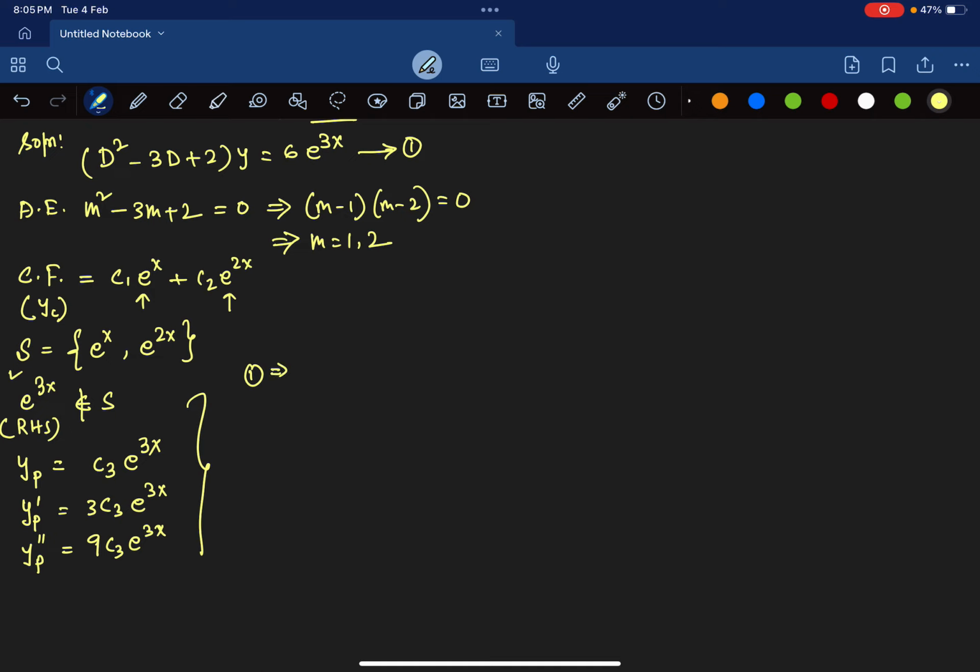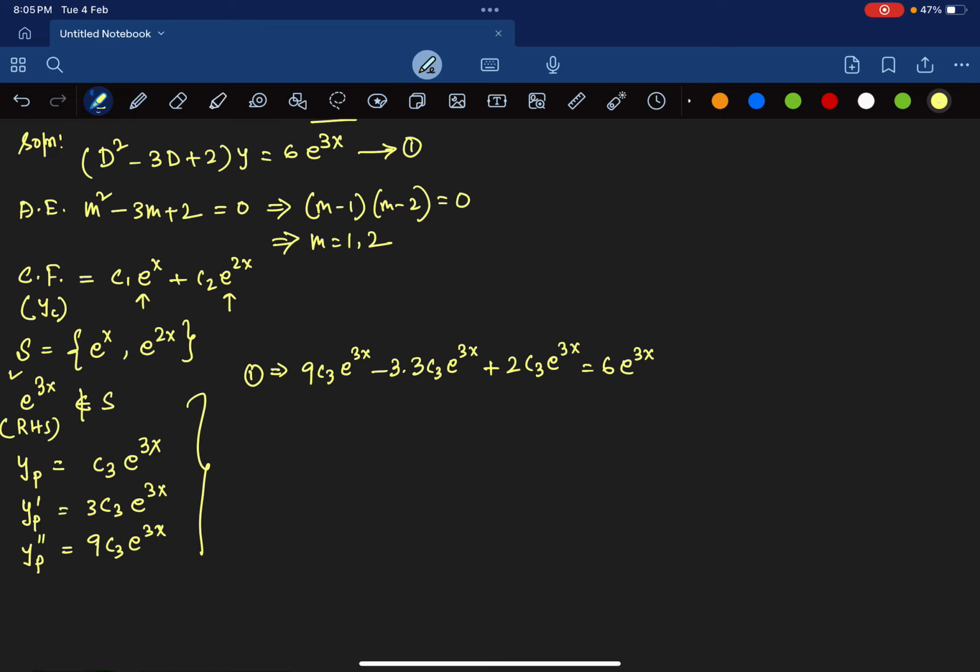So equation 1 will give you, see this equation, first yp'', so 9c3 e^(3x), minus 3 times yp', so 3c3 e^(3x), plus 2 yp, c3 e^(3x), equals 6e^(3x).